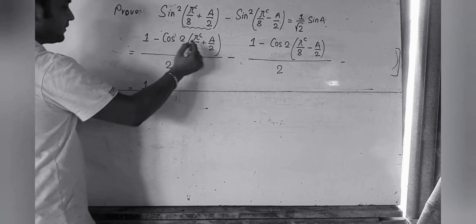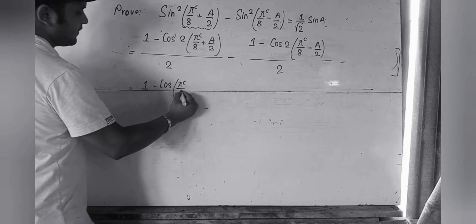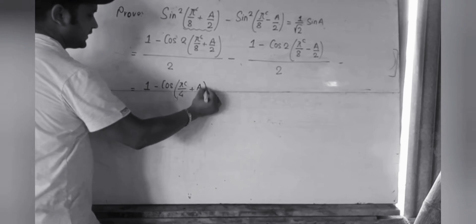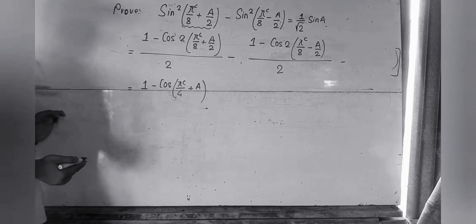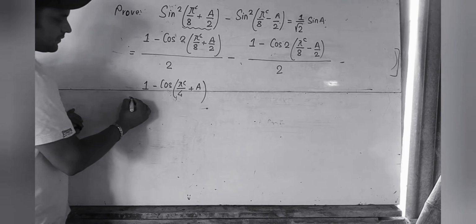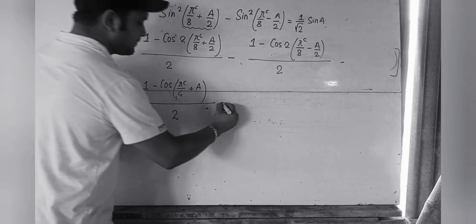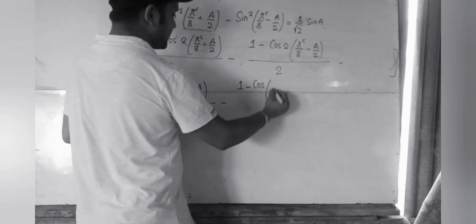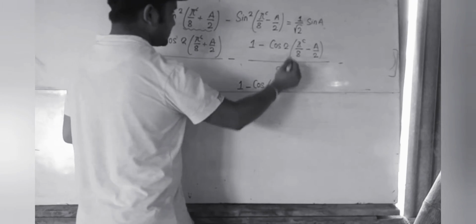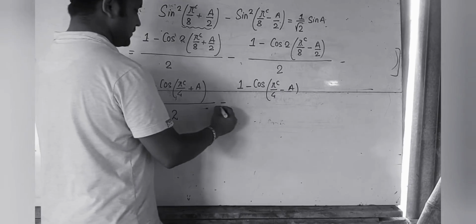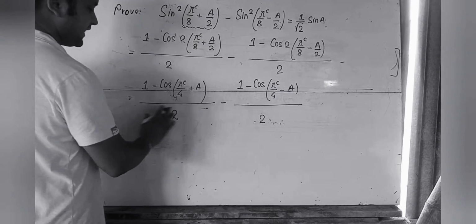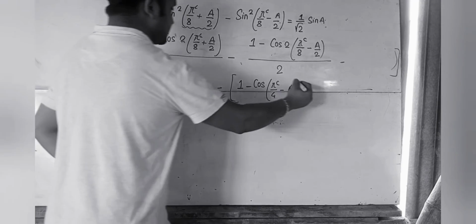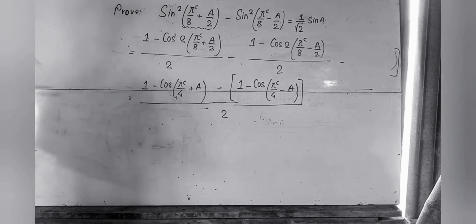Now 2 into pi radian by 8 gives you pi by 4 plus 2 into a by 2 gives you only a, by 2 minus, we do the same thing here, 1 minus cos 2 into pi by 8 gives you pi by 4 minus 2 into a by 2 gives you only a, by 2. Now when you take LCM, you will have only 2 in the denominator and you have minus sign here, and this will be written inside a bracket.